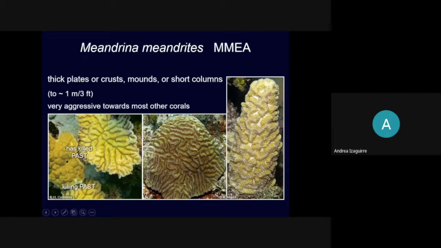It's very aggressive towards other corals. If you see that left picture, you have two separate colonies of Meandrina meandrites killing that poor little Porites asteroides colony right there. So again, this is a very distinct coral.